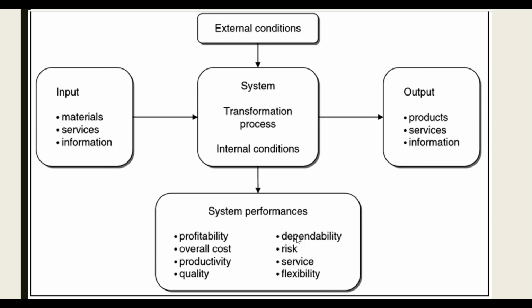The explanation of a system is that there is a certain set of inputs and then a certain set of outputs, left to right. और इन सबके बीच में आता है system transformation process, which relies on two things, external conditions and internal conditions. और उन internal conditions के अंदर आ जाते हैं system performance, which again relies on profitability, overall cost, productivity, quality, risk, services, flexibility. ये सारी चीजों के ऊपर rely किया जाता है.